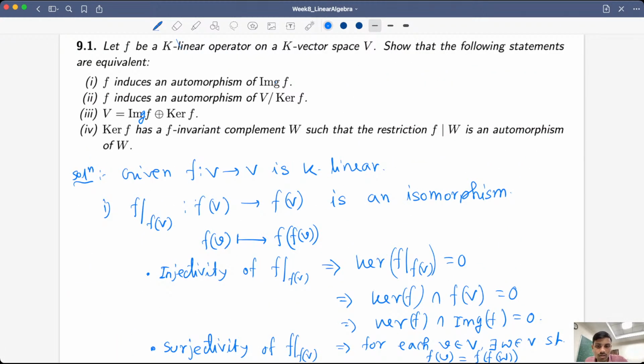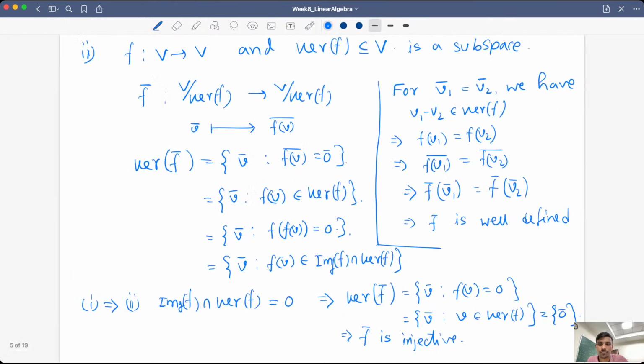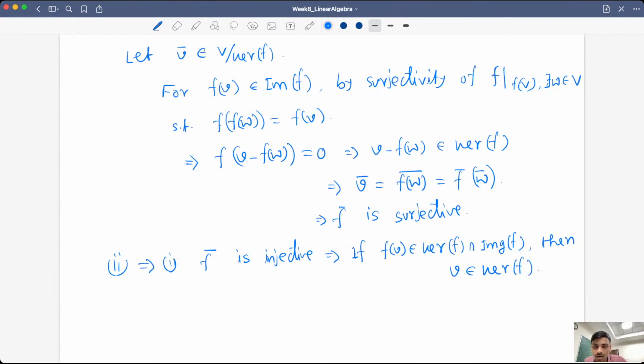So for this one I need to show that kernel of f intersection image of f equals 0. But if v belongs to kernel f, then fv equals 0. Okay, the converse way is okay.